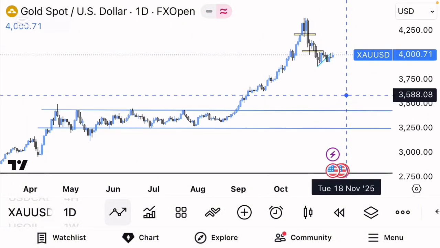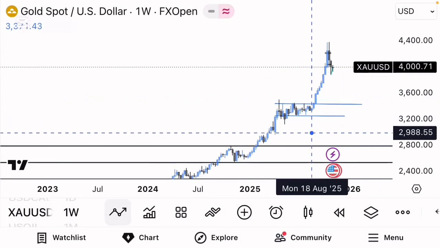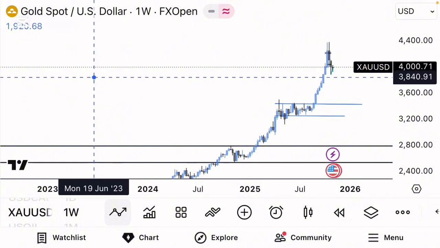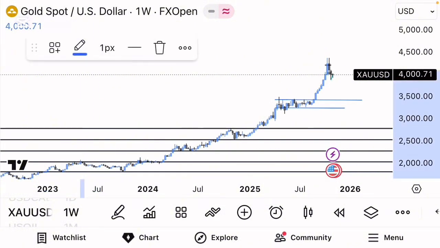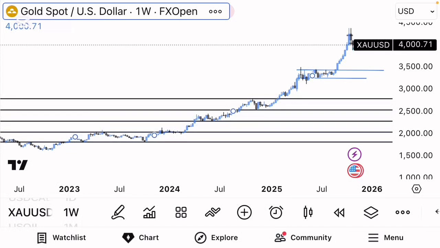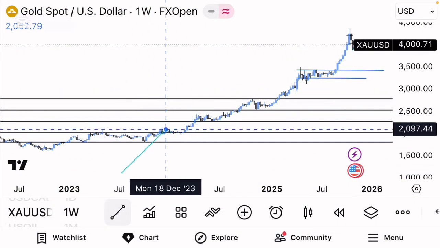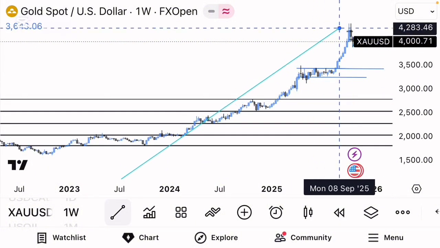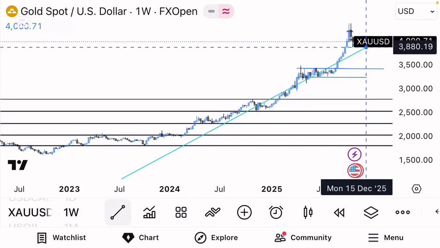As you guys know, for the longest time gold has been in a clear uptrend, all the way from here, with no major retest or major downward movements.